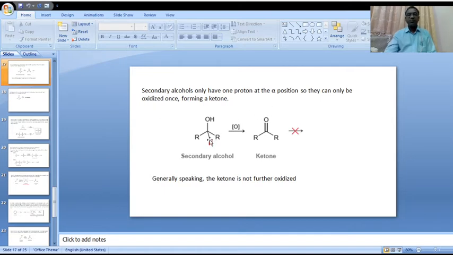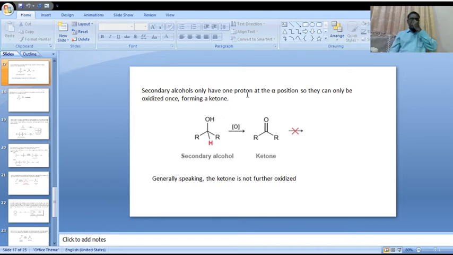Only one proton is present in this structure, only one proton at the alpha position. This is the alpha carbon. On the alpha carbon there is one hydroxyl functional group and one proton present.